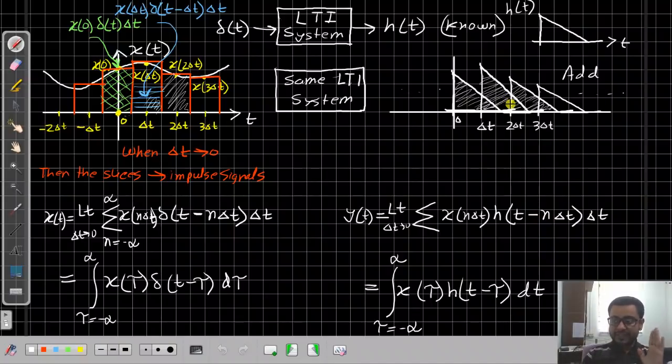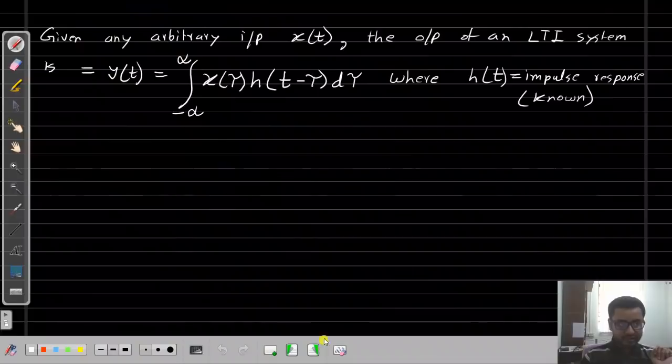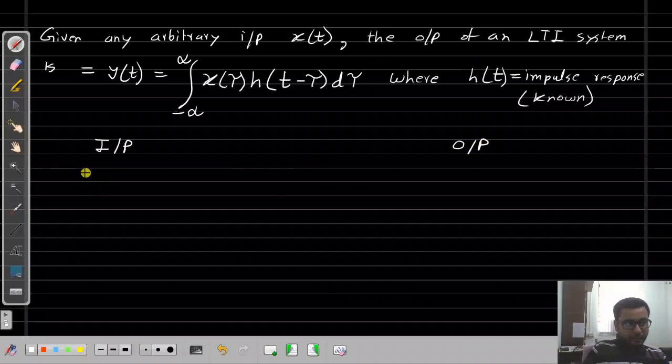I shall repeat this idea once more because this will help you to understand. Let me write the input and output in a tabular form. Suppose the input is delta t, then the output is h of t. This is known or given.